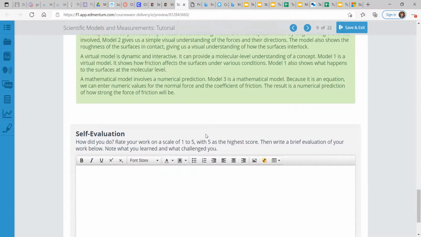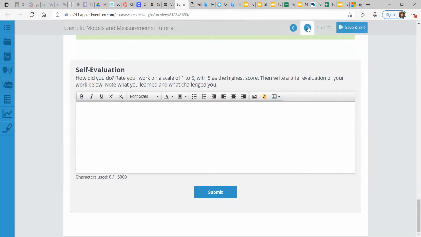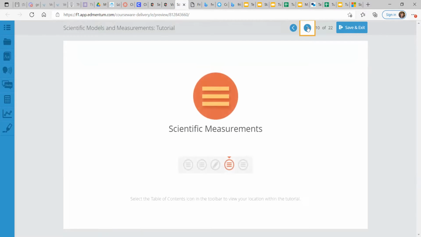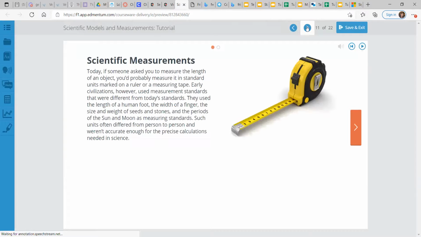Because it is an equation, you can enter numeric values for the normal force and the coefficient of friction, and the result is a numerical prediction of how strong the force of friction will be. So they all have their unique purpose, and they are all useful to scientists everywhere.